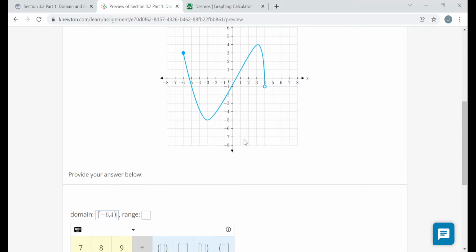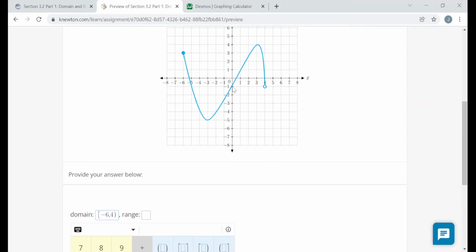Alright. And then for the range, I'm going from bottom up, looking along the y-axis. And if I go from the bottom up, the graph starts at -5 here. Looks like that point's actually there. So -5 included. And then all the values from -5 up to 4, all those y-coordinates are in some point. Now I know you might be thinking, what about -1?